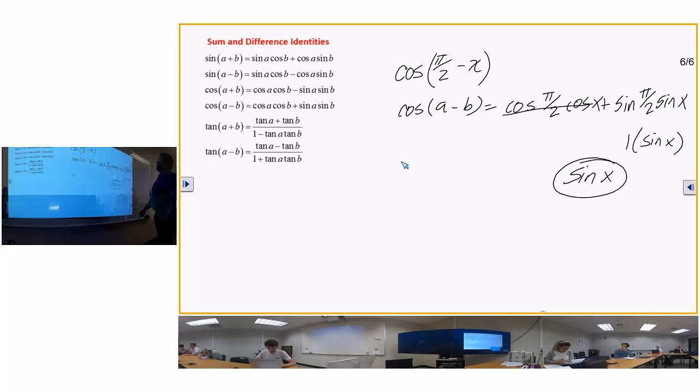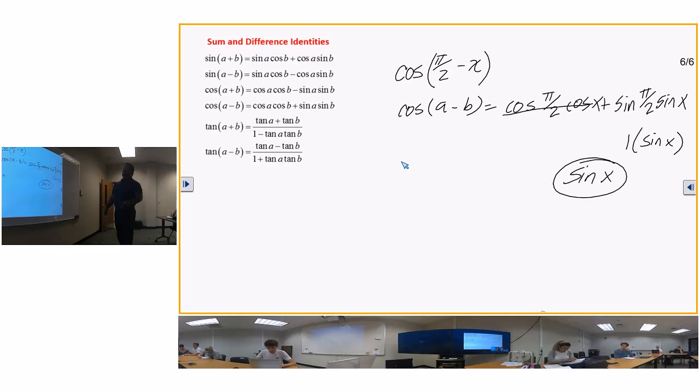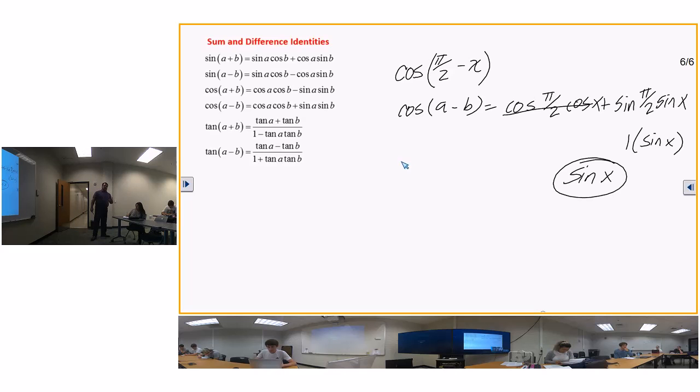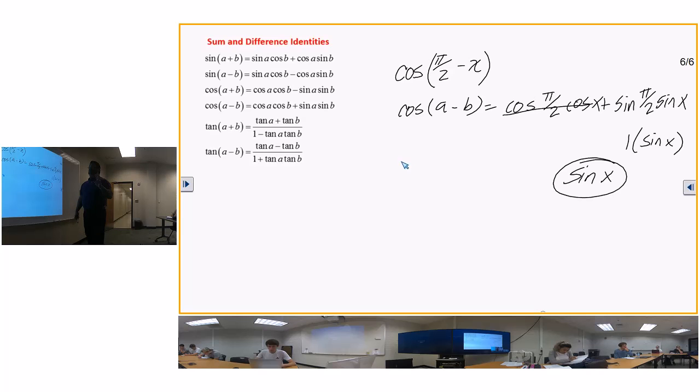So your answer is sine of x. Now, why are these identities important? From here, in the next couple of sections, these identities are important because, like I said, in Calc 1 and 2, especially Calc 3, you're going to be taking the derivative and the antiderivative and plugging into the identities.